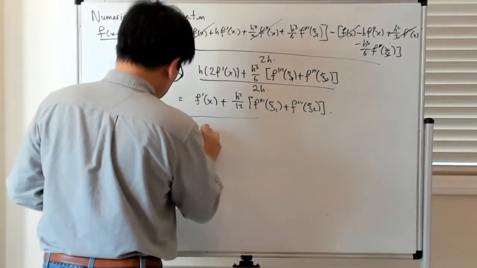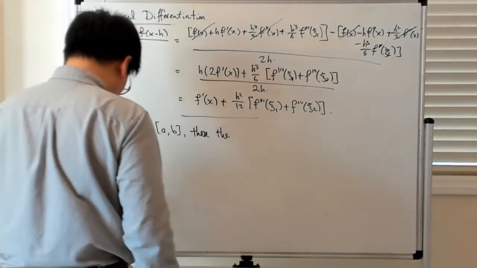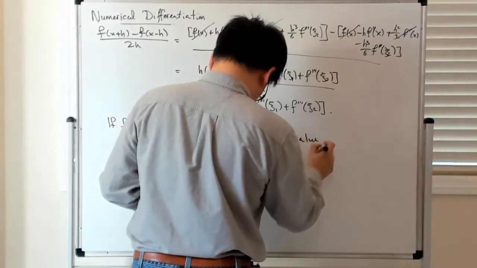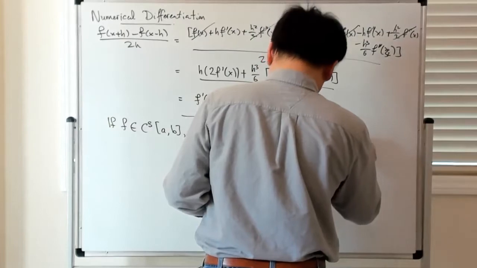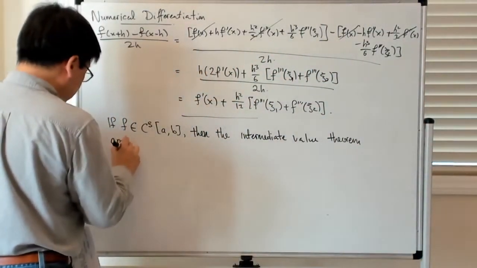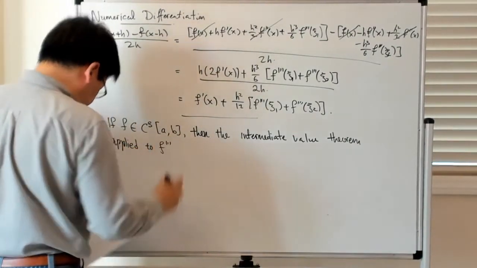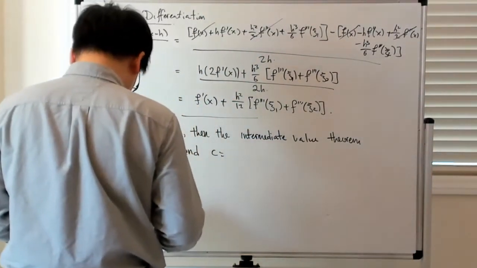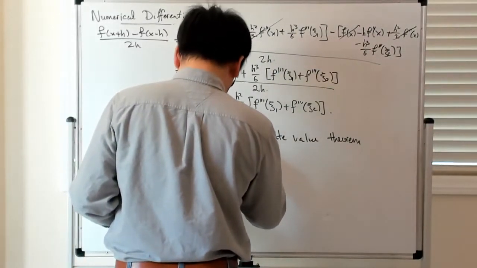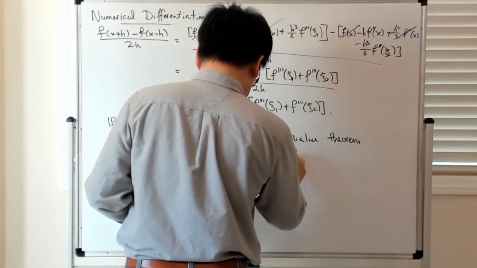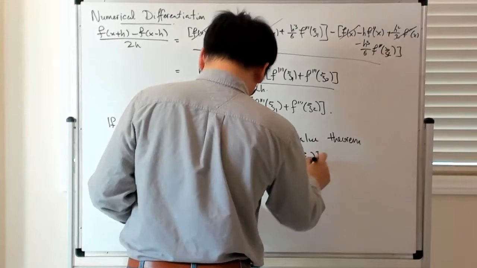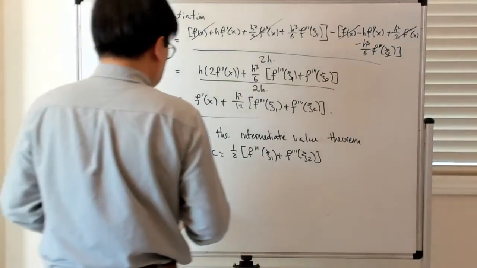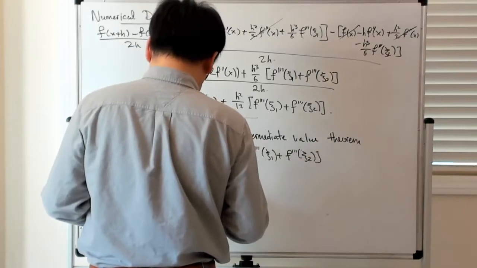Then the intermediate value theorem applied to f triple prime and c, which is 1/2 of f triple prime at c1 plus f triple prime at c2, gives me the following.